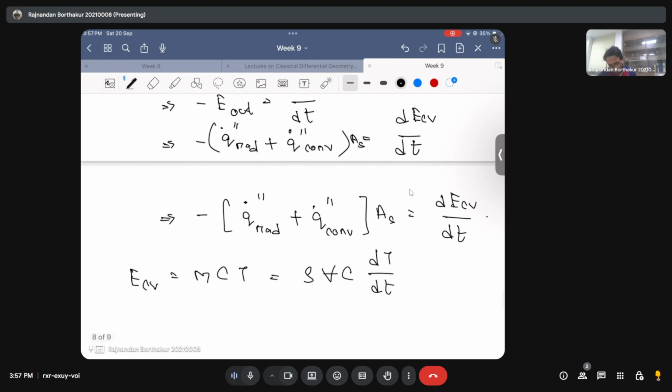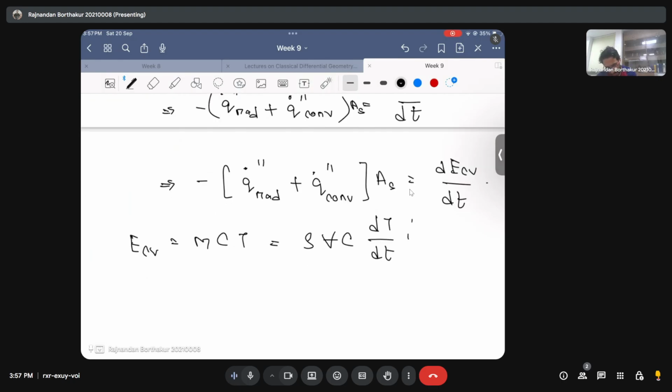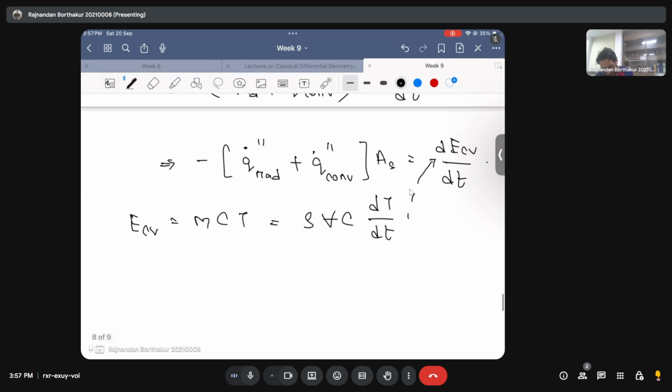All right, so now we'll substitute this in this expression. So we'll get minus Q dot double prime rad plus Q dot double prime convection, times AS, equal to rho times V times C times dT by dt.